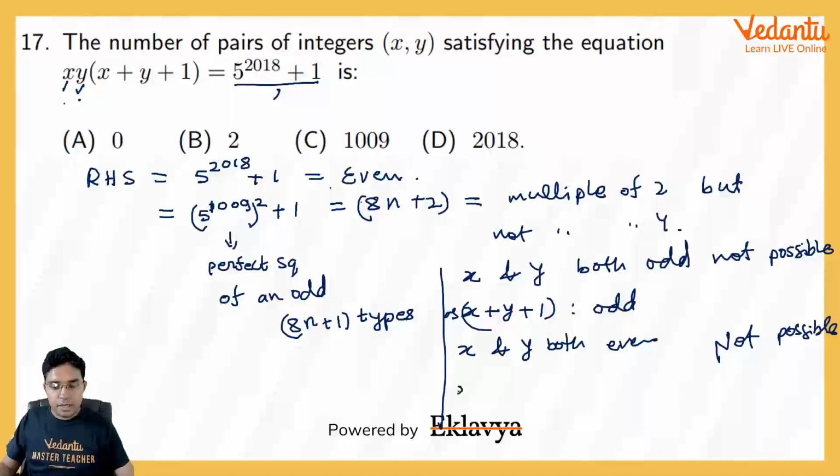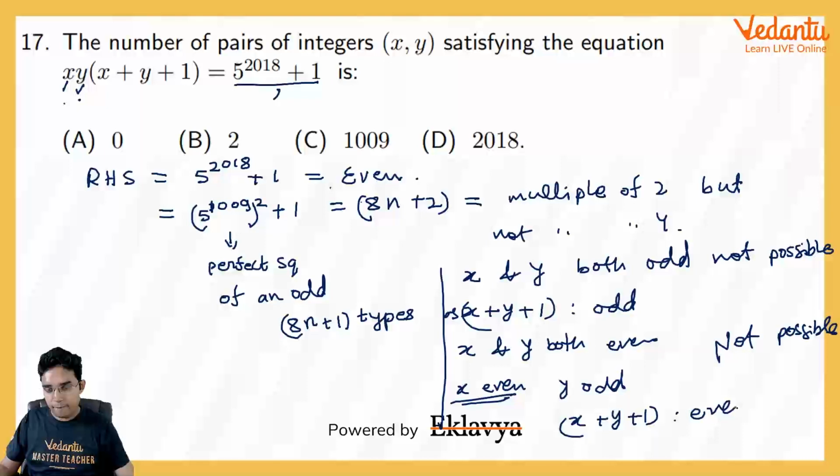That means x even, y odd, or otherwise. In that case, if x is even, y is odd, x plus y plus 1 will also become even. So once again same thing, in this scenario also there will be 2 brackets that will be even. So the product will be a multiple of 4, whereas the right hand side is a multiple of 2.